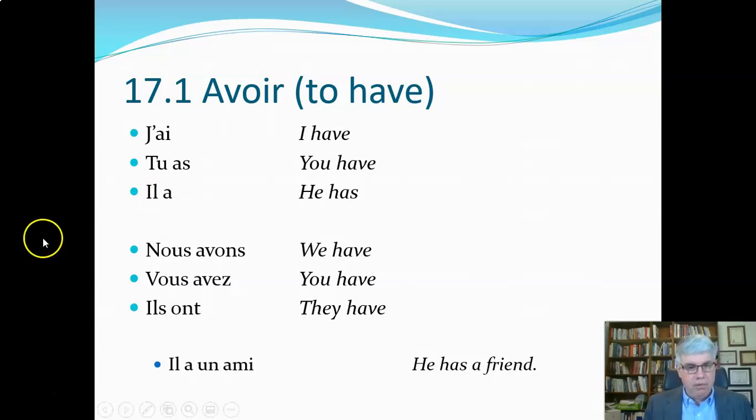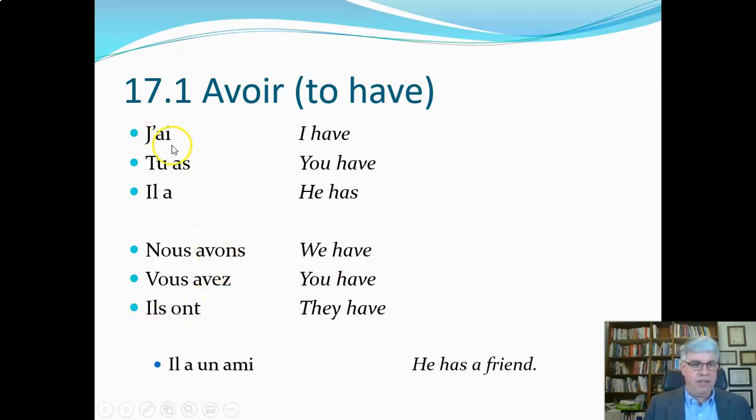For the plural, we have nous avons, where we've got the AV stem, like in the infinitive, followed by ONS, the common ending for nous. And the same thing for vous, we've got the EZ on the AV ending. And then for ils ont, it's just the ONT ending, which is kind of like ils sont, they are, but there's no stem at all.